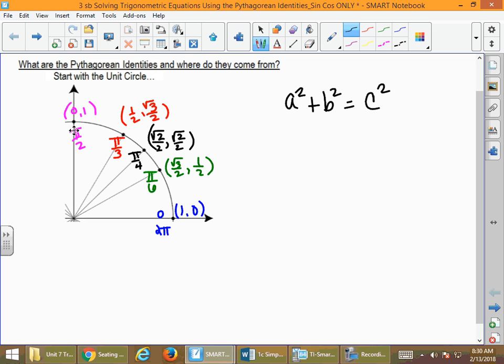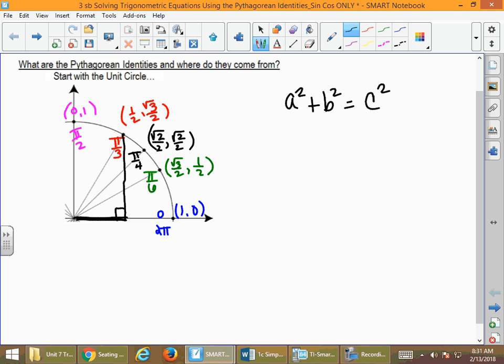So we might pick, let's say, pi over 3. And let's draw in our triangle. And notice how we just made that triangle a right triangle. But where we came up with the 1/2 and the square root of 3 over 2 is we said at the origin we went over a half, and then we went up the square root of 3 over 2.